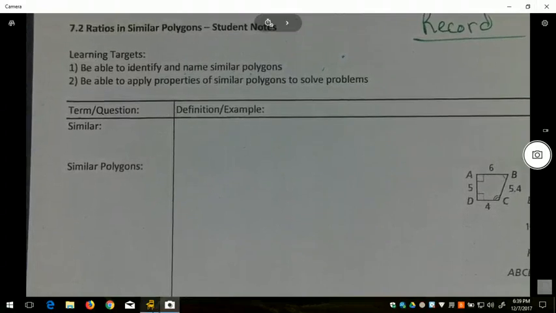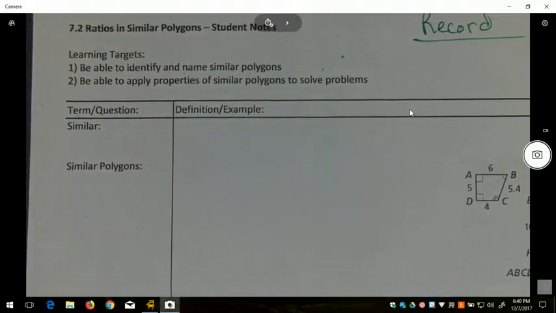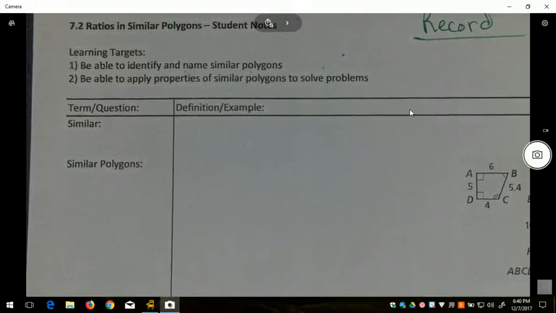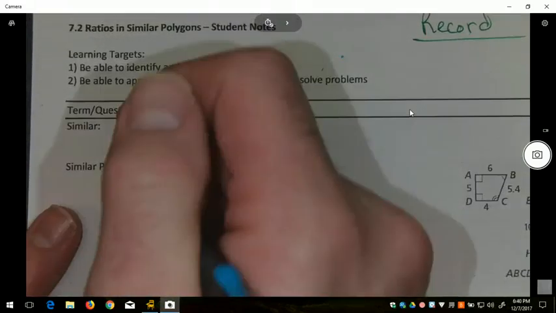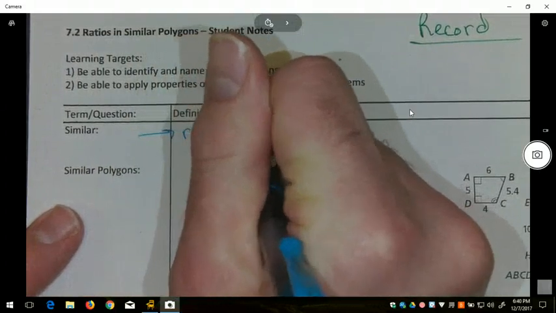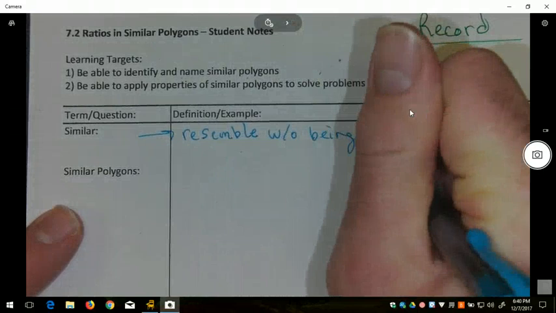First off, we'll begin with the definition of similar. Similar is to be resembling without being identical. To resemble without being identical.